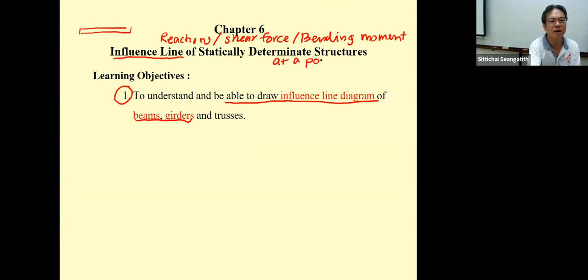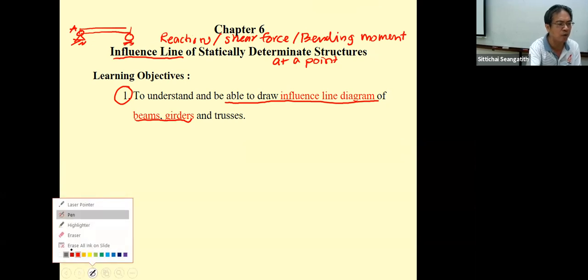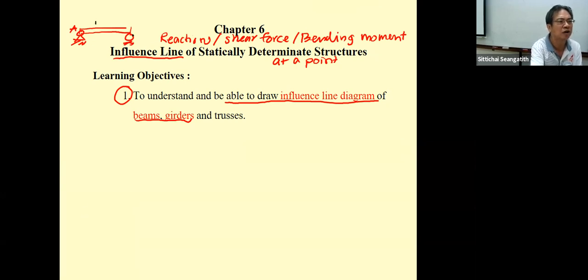For example, if we consider point A, and then we have a statically determinate beam or girder as this one. And then for the influence line diagram, we will put the unit force X on this beam.